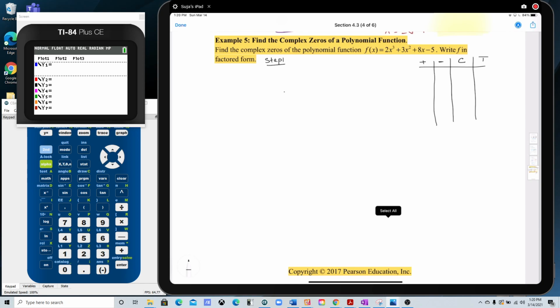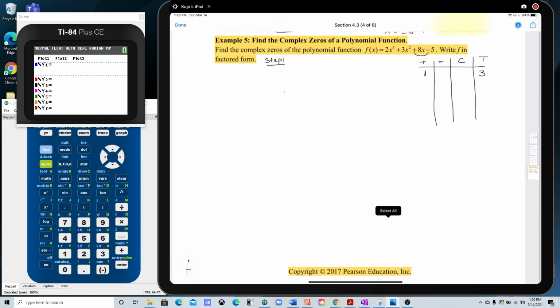So I know the total has to be 3 because the degree of the polynomial is 3. So first I'm looking for the sign change, and I'm seeing just one sign change here. So that is telling me there is one positive real zero possible.